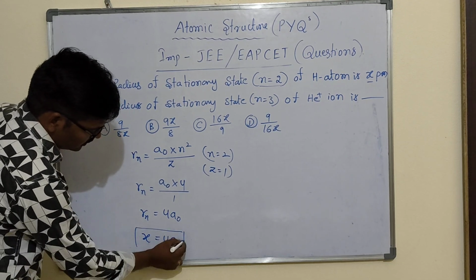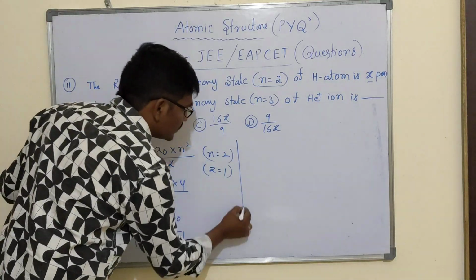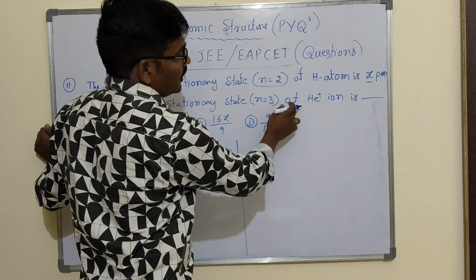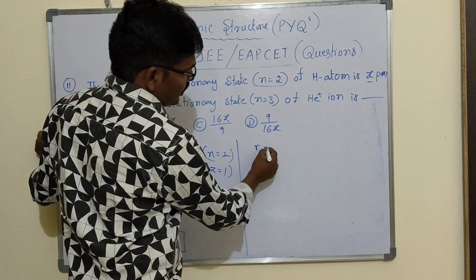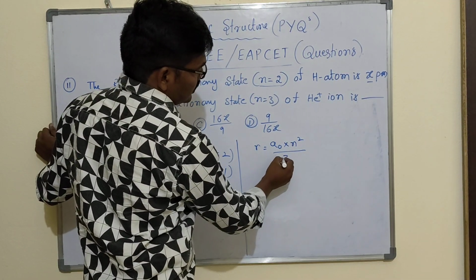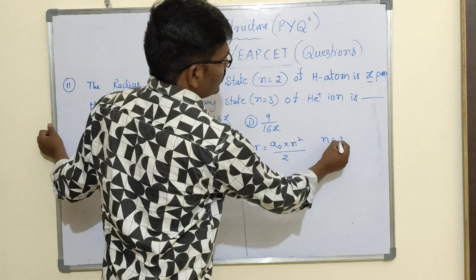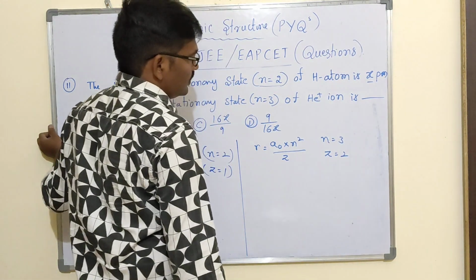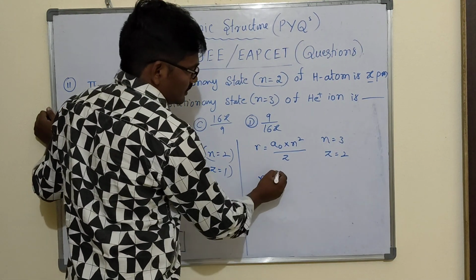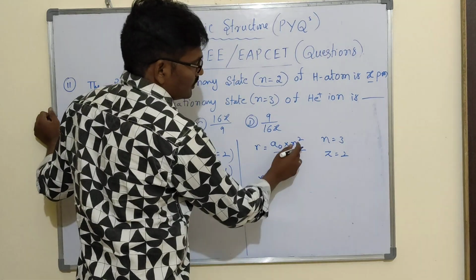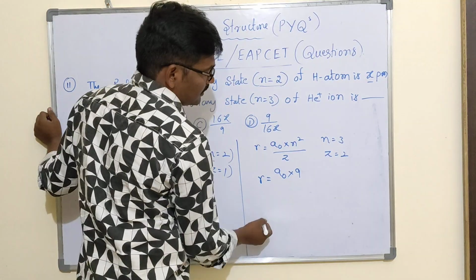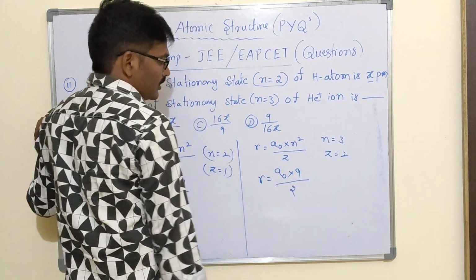Remember, 4a naught. Clear? Next, you have to go for the radius of the stationary state n equals 3 of helium atom. The same formula applies: a naught into n square divided by z. Here the n value is 3 and the z value for helium is 2. So r equals a naught into 3 square, nothing but 9, divided by 2.